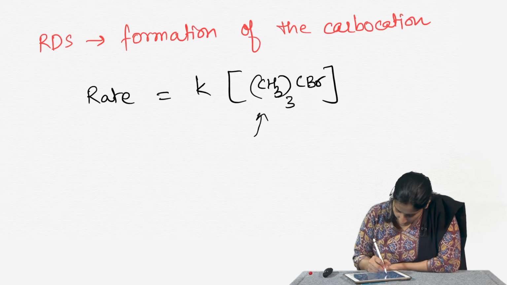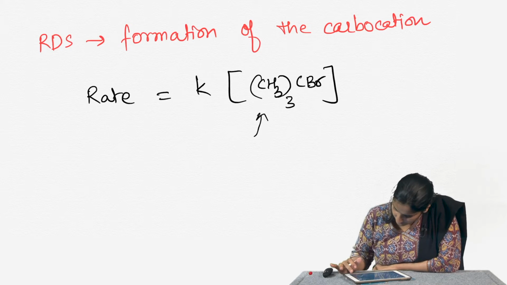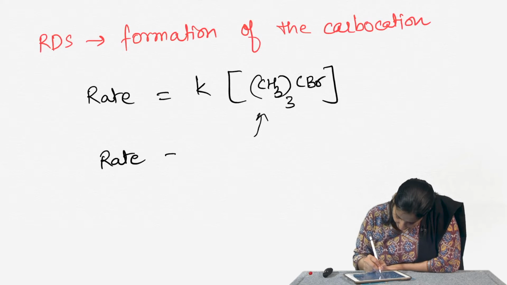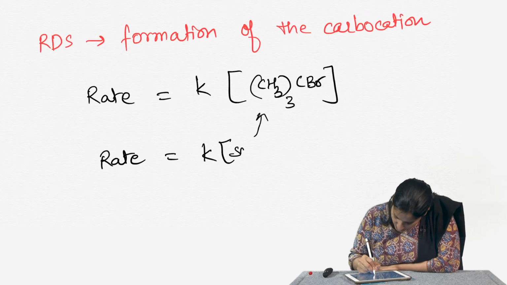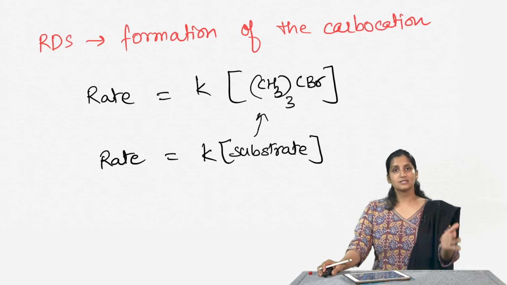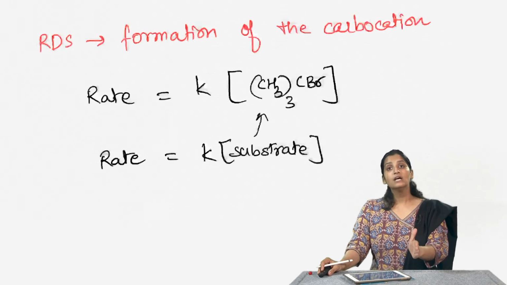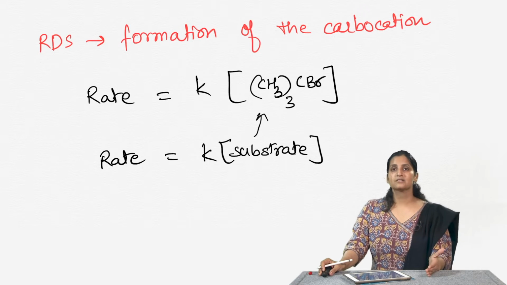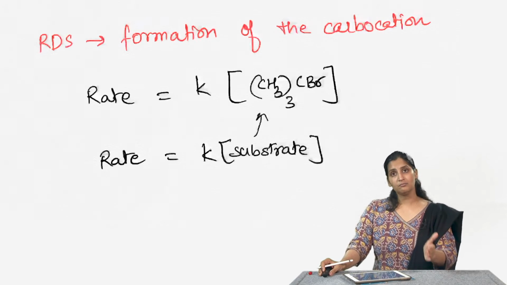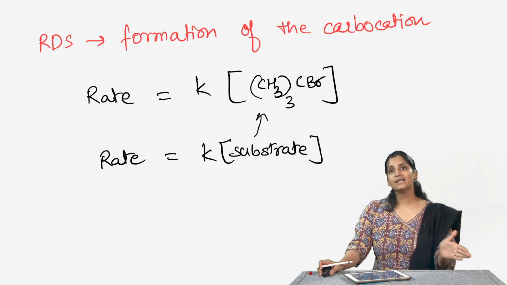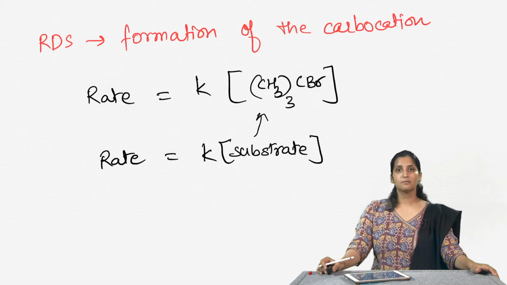So, you can generalize this as the rate of these types of reactions is equal to some rate constant K into the concentration of substrate. And thus, this is substitution nucleophilic unimolecular reaction. So, SN1 meaning there is some substitution happening, N meaning there is some nucleophilic attack happening, and 1 meaning there is only one type of species that is taking part in the rate determining step of the reaction.